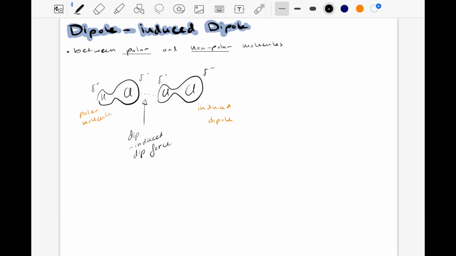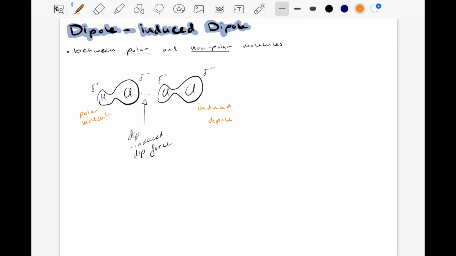And why might this be? Well, if you imagine you have a polar molecule next to a non-polar molecule, the negative side will repel the electrons and they will move away, which creates a negative side on the other side, and this is our induced dipole.